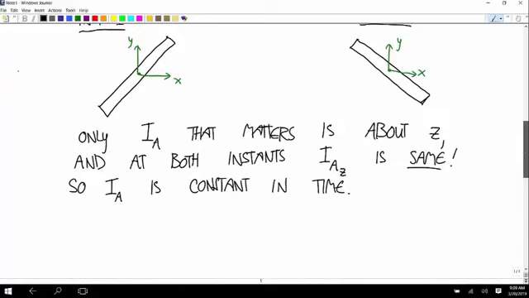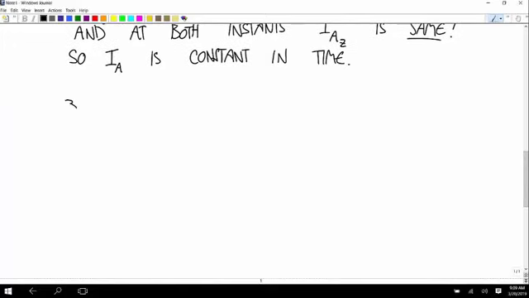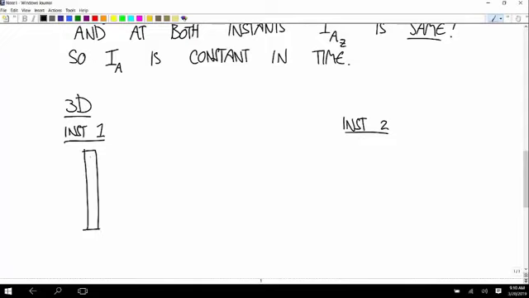Now let's draw what happens in 3D. Again, instant 1 and instant 2. I'll do sort of the same thing again. We have this board. At instant 1, it's in that orientation. In instant 2, it's in this orientation.